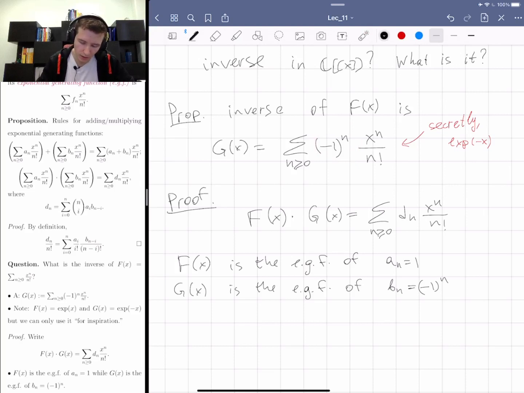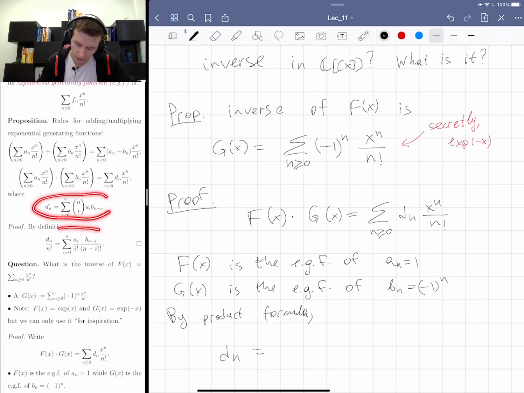So by the product formula, d_n is, if I literally write down the sum, the sum over i from 0 to n, n choose i, times a_i, which is 1, times b_{n-i}, which is (-1)^(n-i).